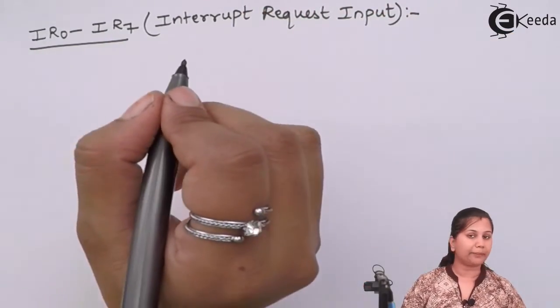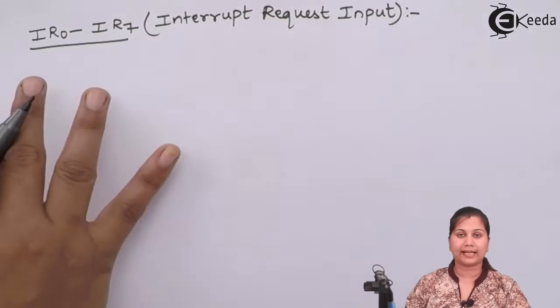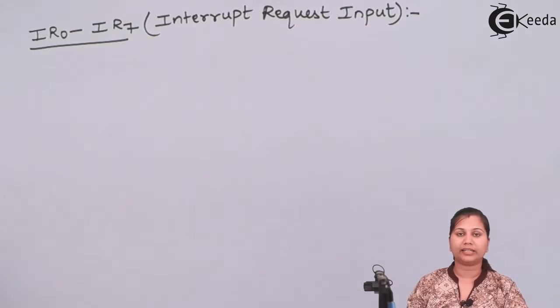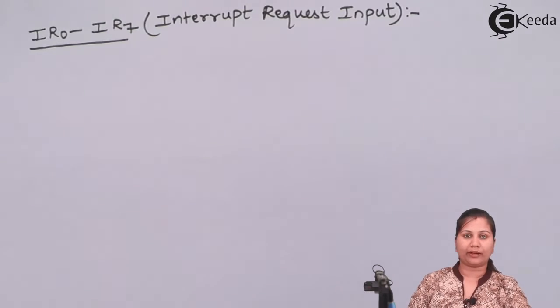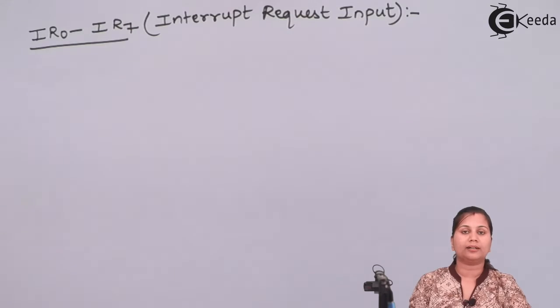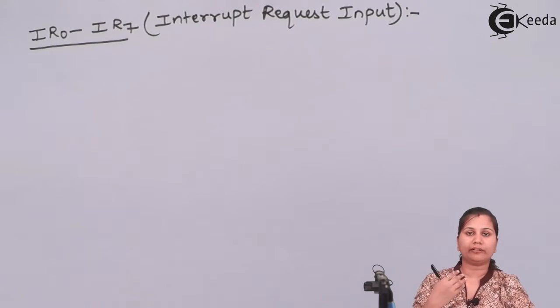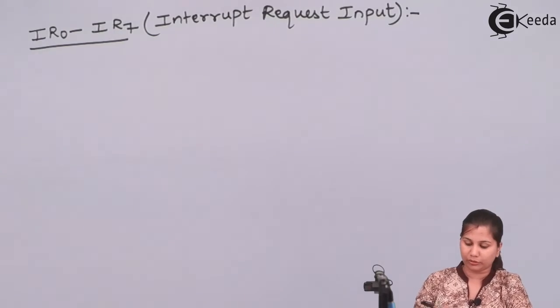If you see in the pin diagram that these lines IR0 to IR7, they are the input lines. So these requests are given by the input output devices to the 8259 that they want to communicate with the 8085 microprocessor, or they want to interrupt the microprocessor.